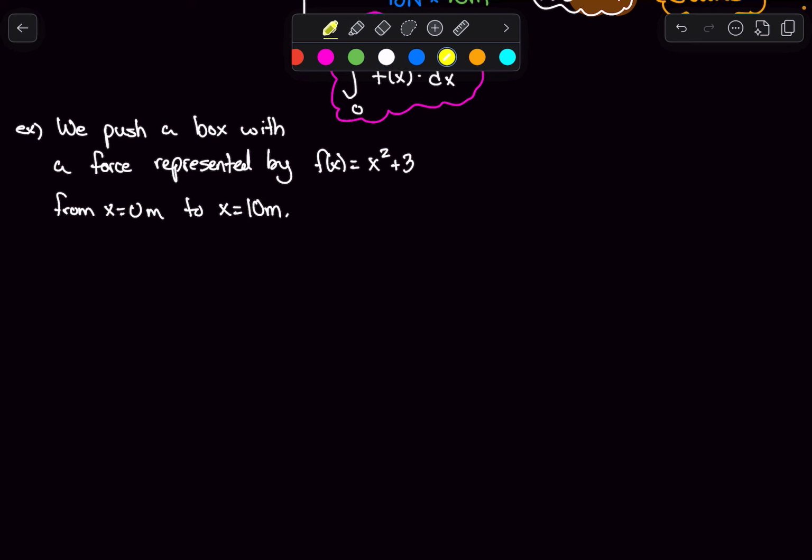How much work have we done? How much energy have we expended? Okay, and so this integral setup is very simple.